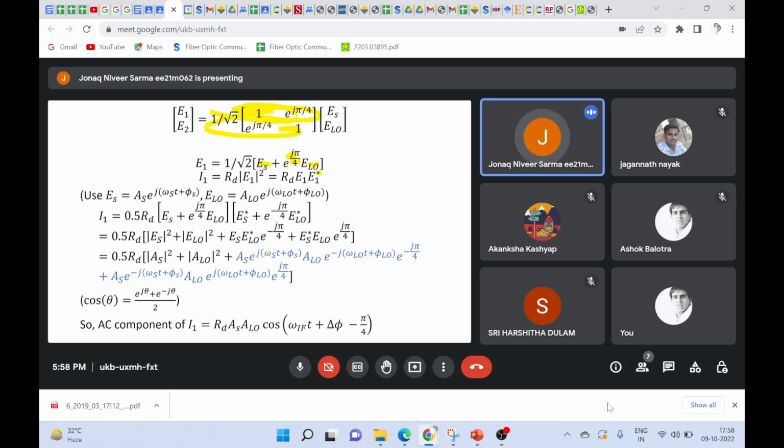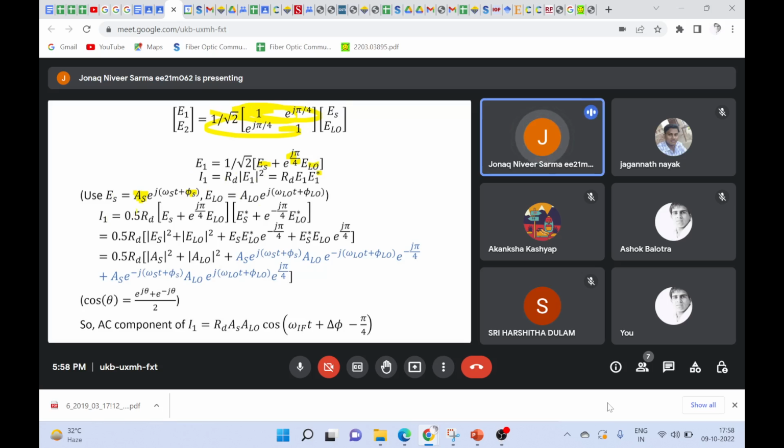So what we will do is use the information that AS is only real, it only has amplitude, and the phase is completely specified using this. Maybe this phi s also has some noise, which you can consider later, but this is the general form. Substitute this back into the I1 expression.